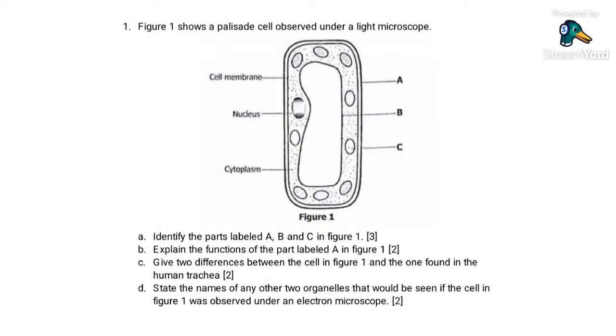So what is C? Okay, so A, cell wall, B, vacuole, and then C, chloroplast. Excellent. So we've identified the three organelles.